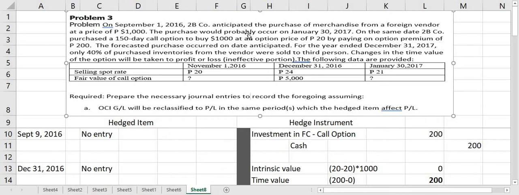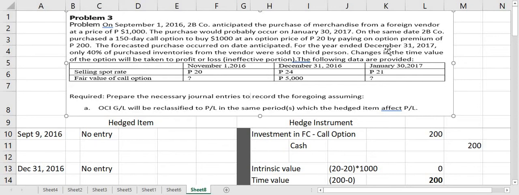The purchase would probably occur on January 30, 2017. On the same date, 2B Company purchased a 150-day call option to buy $1,000 at an option price of 20 pesos by paying an option premium of 200 pesos. The forecasted purchase occurred on the date anticipated.